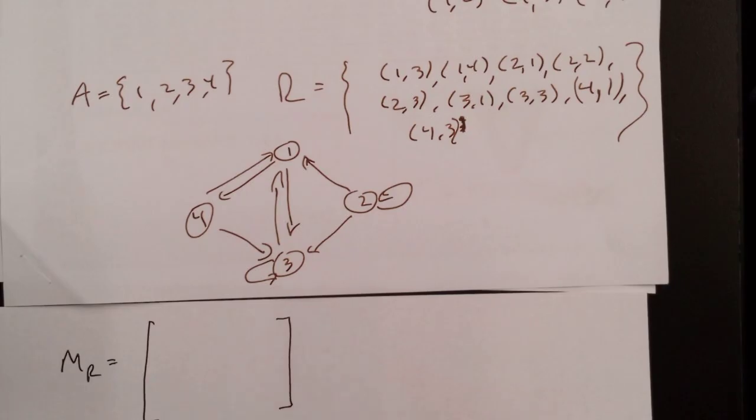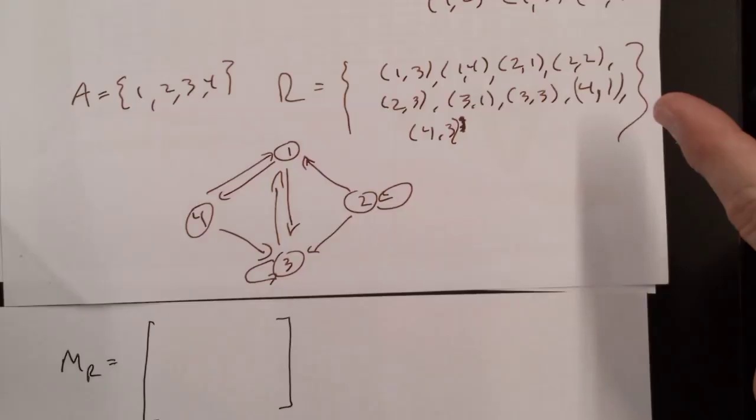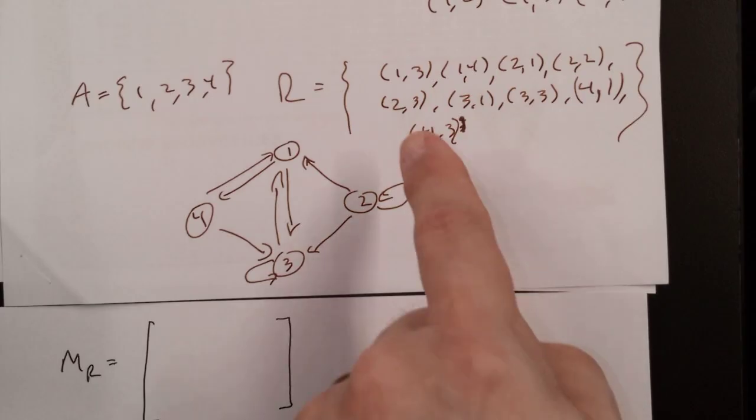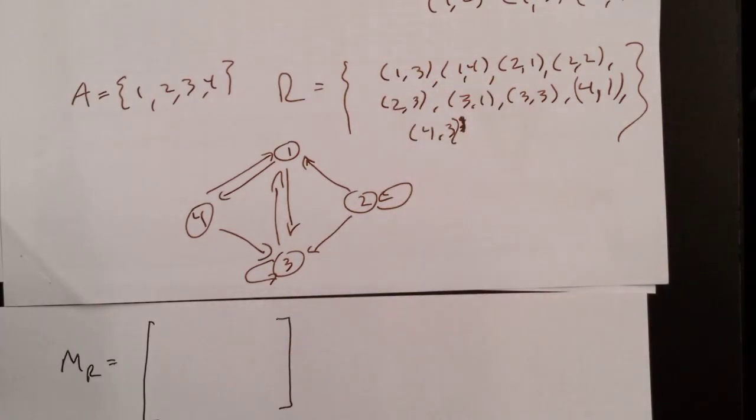Because I already have all of the ordered pairs listed out, and I even cheated in the way I listed them, you'll notice that the ordered pairs are in order. The first number goes from smallest to largest, and then the second number goes from smaller to larger within each of those. If these were letters, they'd be in alphabetical order. But I don't have that same idea for numbers, so we call it lexicographical. I love that word. It just means in the order in which the word would be written.